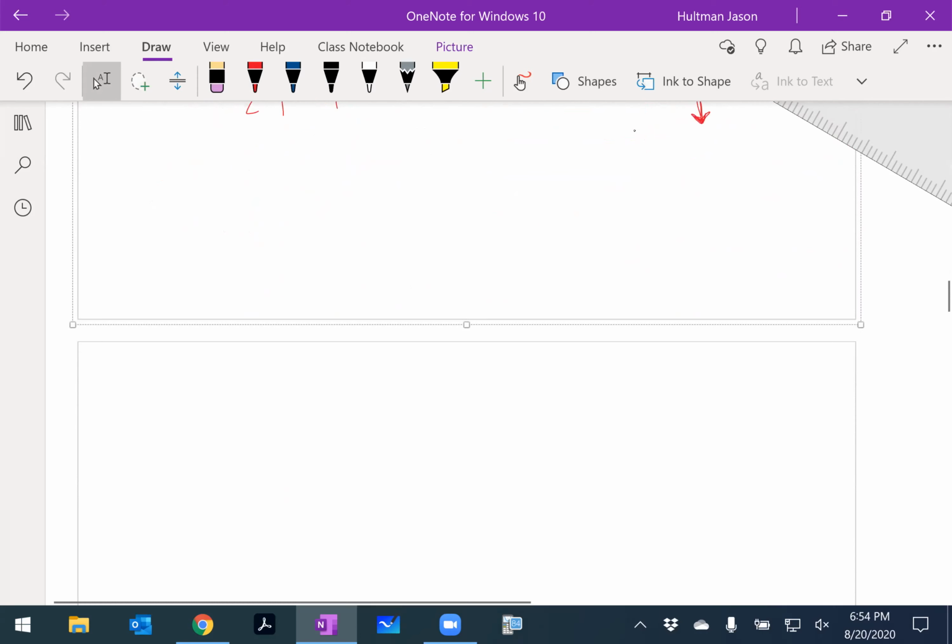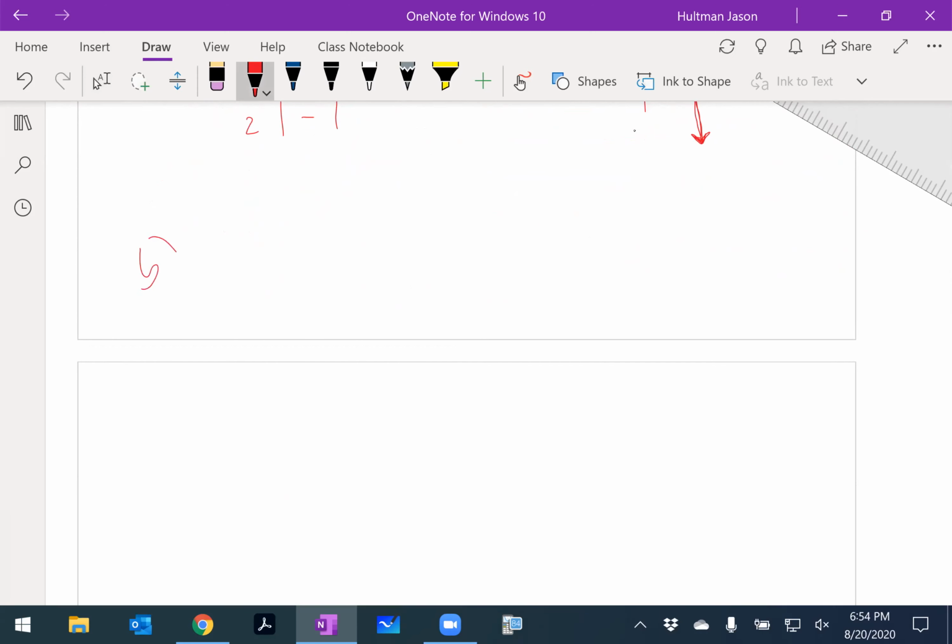Okay. Let's try the next one here. Let's do B. Let's say that g of x is equal to 3 for x equals 1, and it's equal to negative x plus 2 for x not equal to 1.